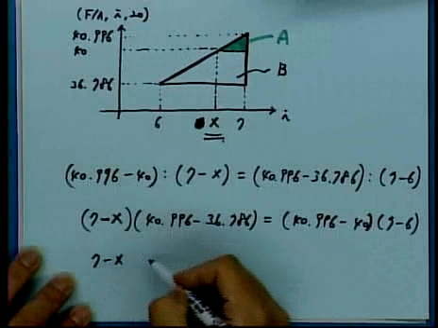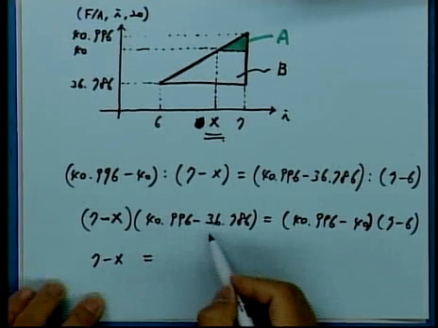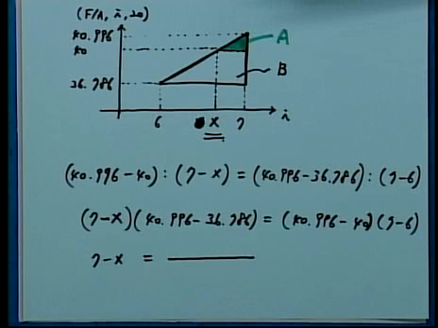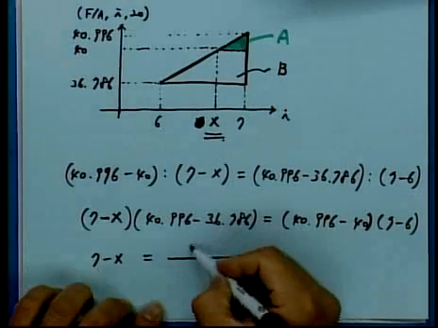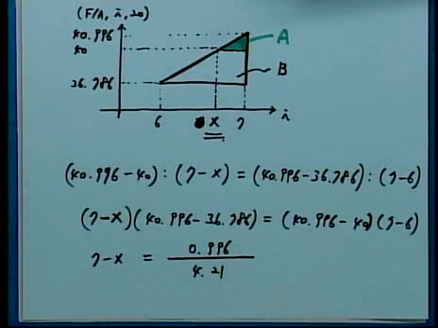Okay, so here 7 minus X is equal to 0.996 divided by 4.21.